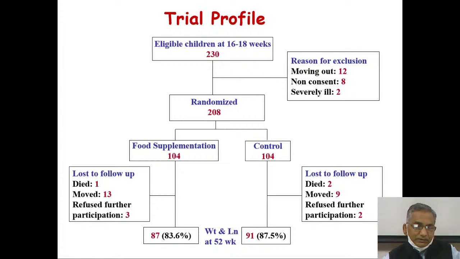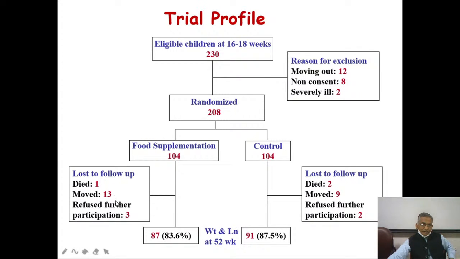Maybe he got a transfer order later. Another refused further participation because he initially agreed, but later he had his own reasons for refusal. So you are left with 87 here and 91 here, right? So that is the study flow chart.